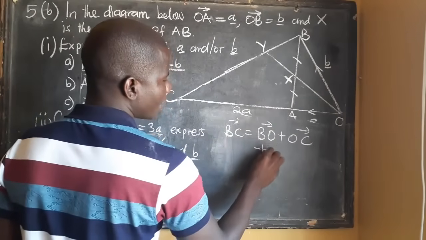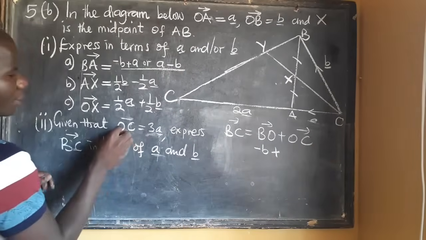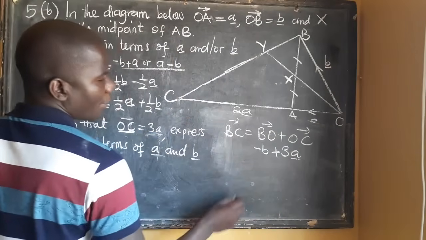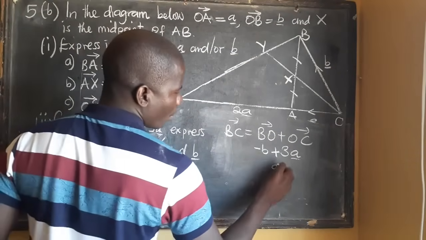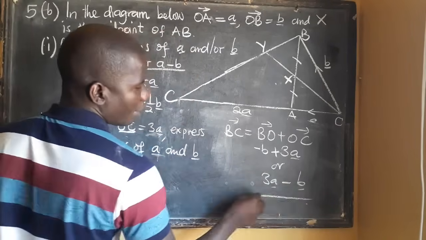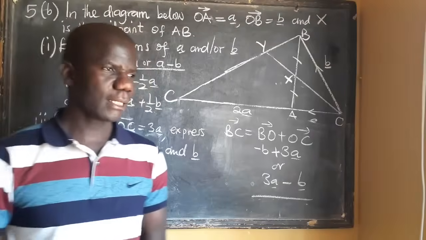BO, we said it's minus B, plus OC. OC is 3A. This is the answer, or you can say 3A minus B. These are the answers that we are going to get.